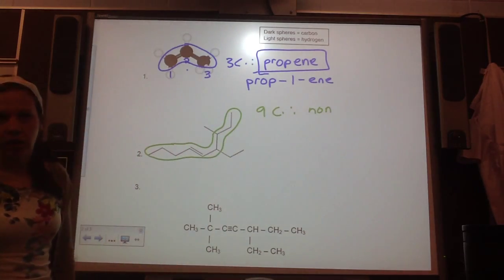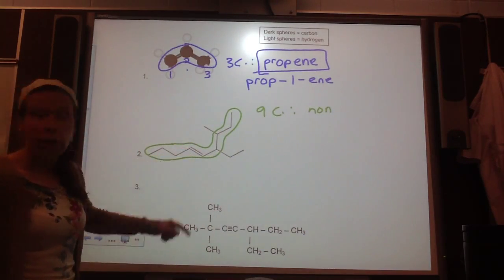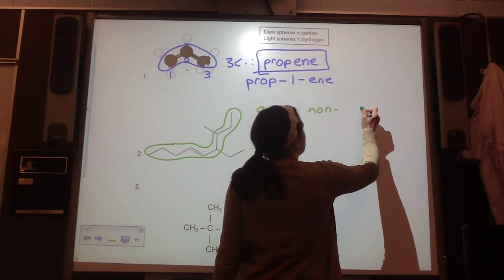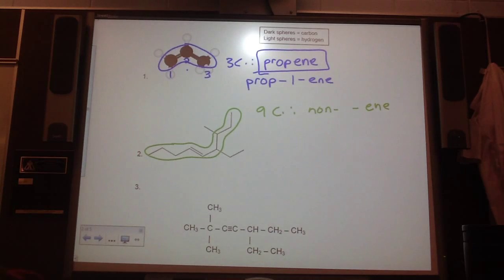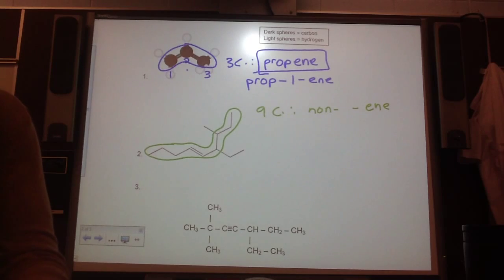Therefore we know it's non-something-ene, because it has a double bond in it. I'm just going to go non-something-ene to figure out later what it is. Now with your numbering, you want the lowest number possible, but the double bond is the priority. If the double bond can get a smaller number, you have to pick that one.